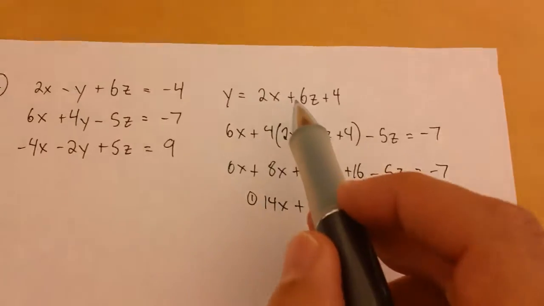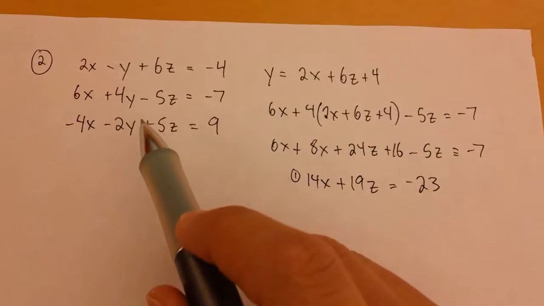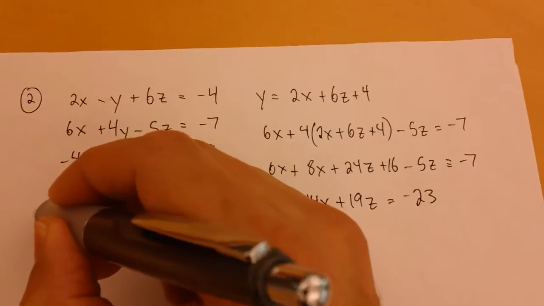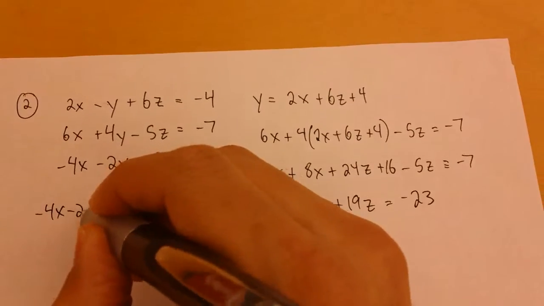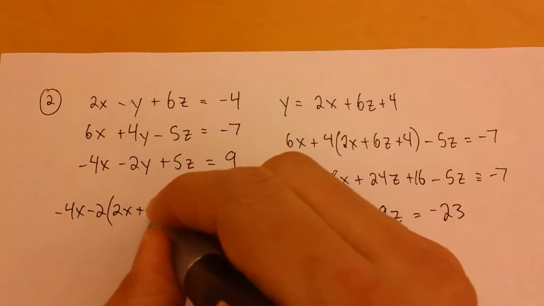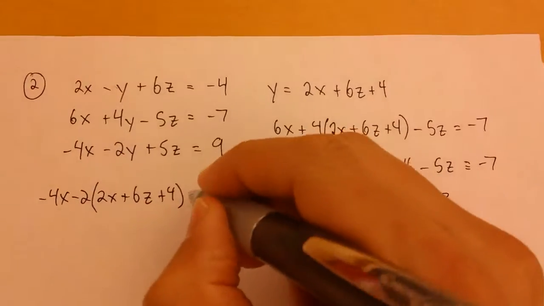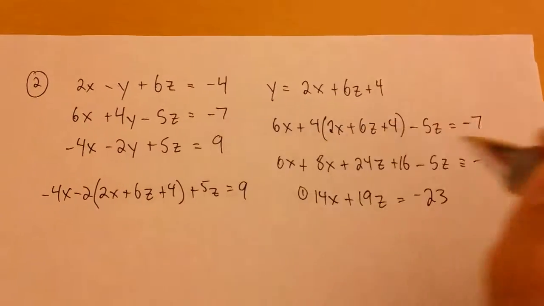Now I'm going to plug the y equals 2x plus 6z plus 4 into this y here. So I'm going to get -4x minus 2 times 2x plus 6z plus 4, and I'm going to have a plus 5z equals 9.